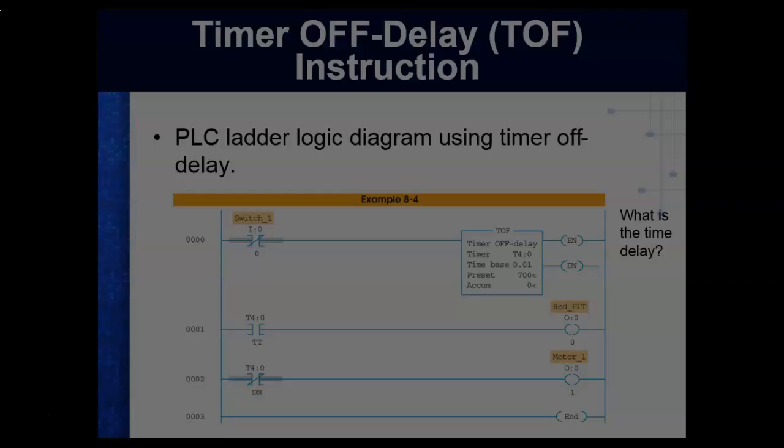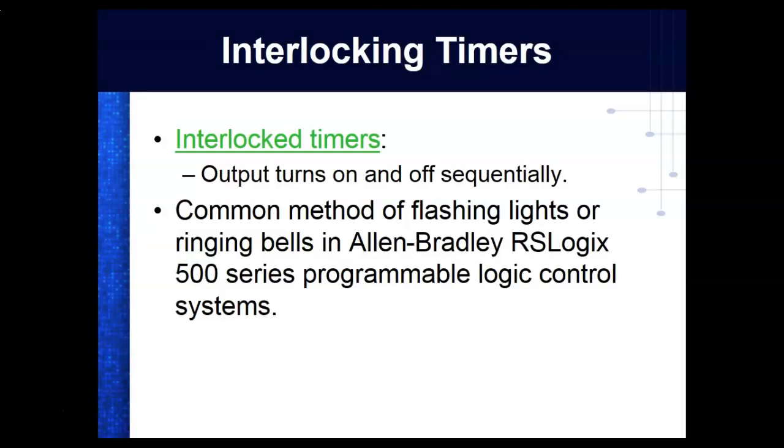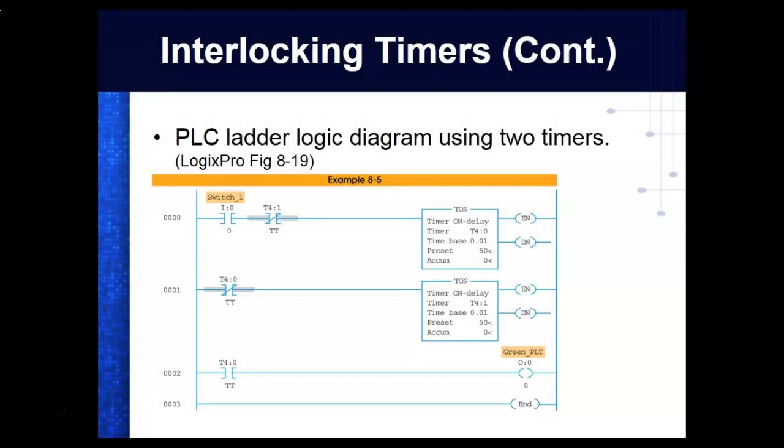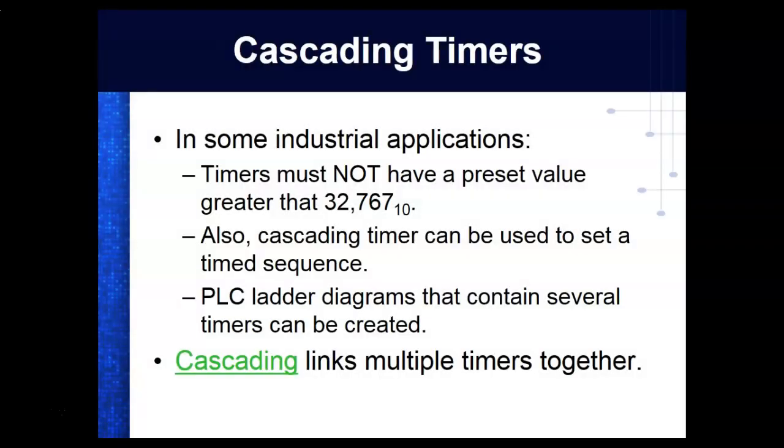So we looked at our on delay timers, we looked at off delay timers, interlocking timers. What this does is give us the ability to generate off and on, off and on, off and on.